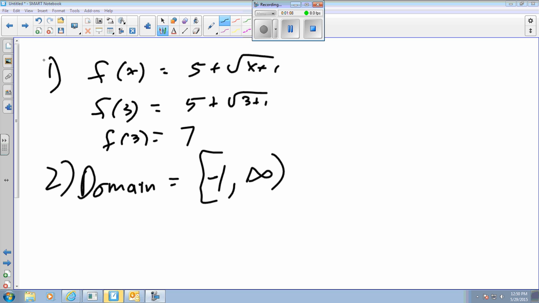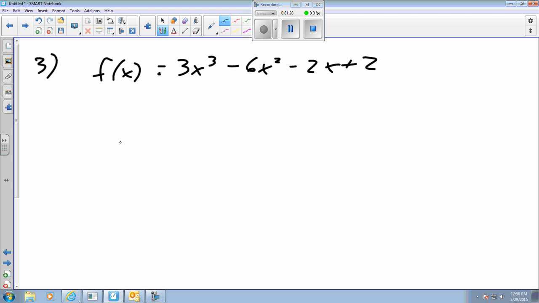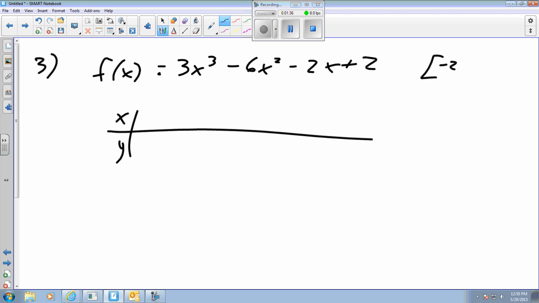Number 3. It asks us to determine between which consecutive integers the real zeros of the function are located on the given function. My f of x is equal to 3x cubed minus 6x squared minus 2x plus 2. The best way to find out where things are going through the x-axis is to make a table on the interval from negative 2 to 4.